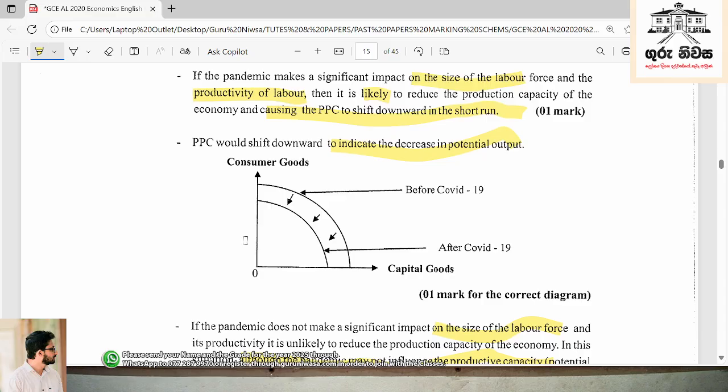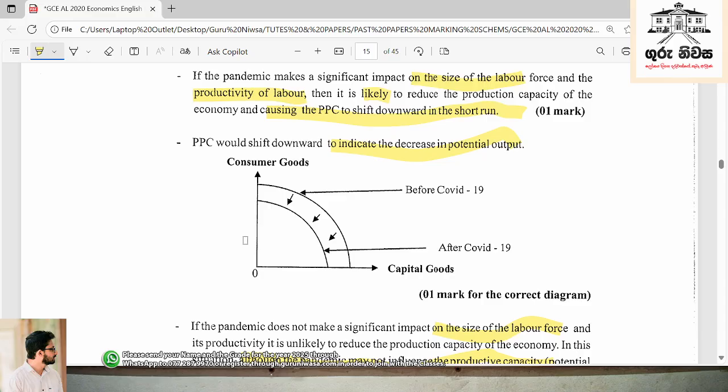But you could have mentioned that if COVID-19 affects productivity of resources, these are the technical words, productivity of resources and factor endowment, the PPC curve will shift to the left side, causing potential output to reduce.